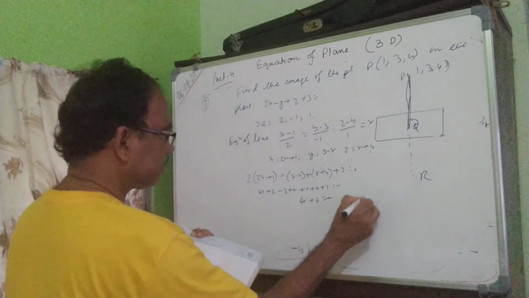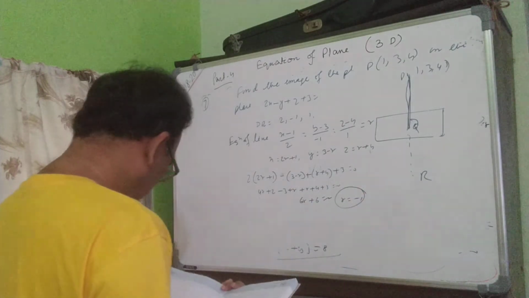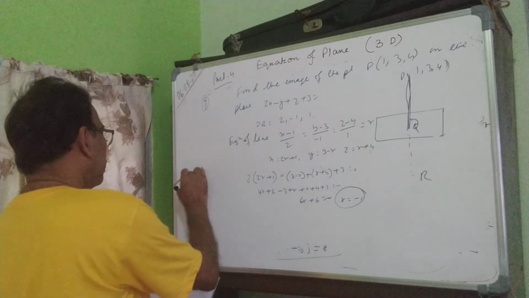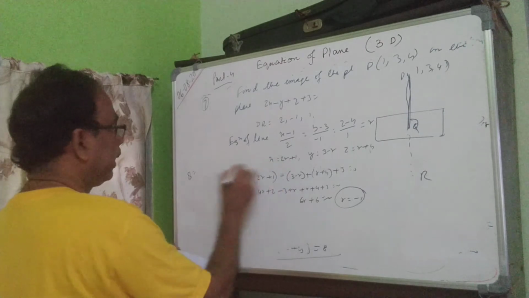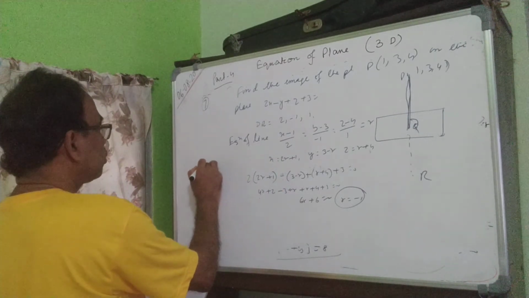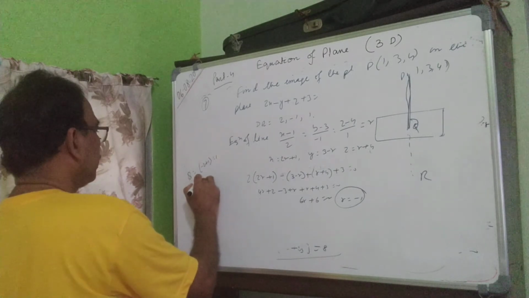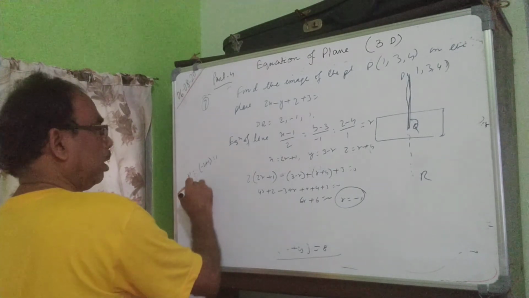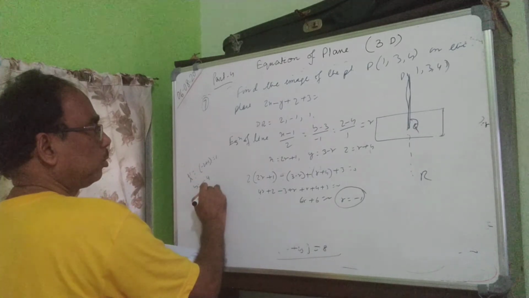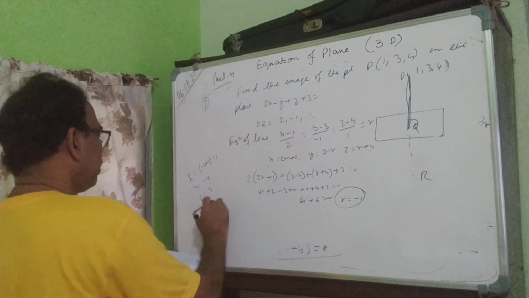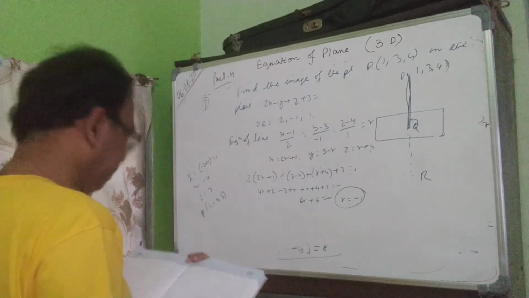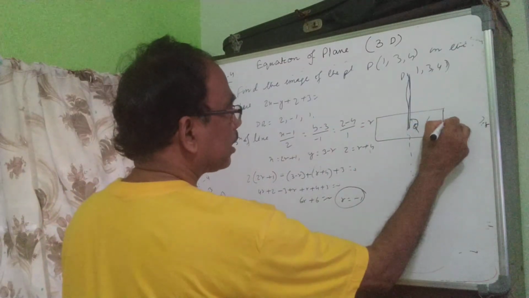Then the r value we got is -2. Therefore the coordinates of the point Q are x = -2 + 1, that is -3, y = 5, z = 2.